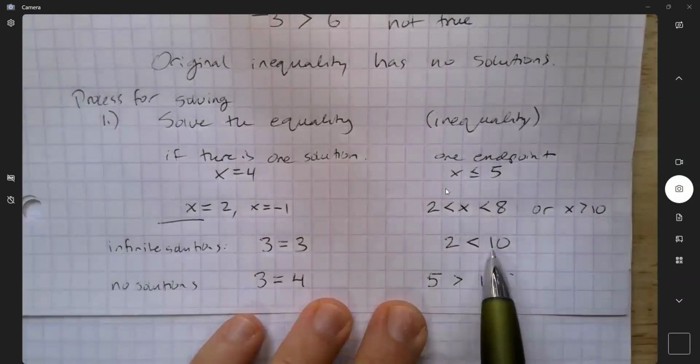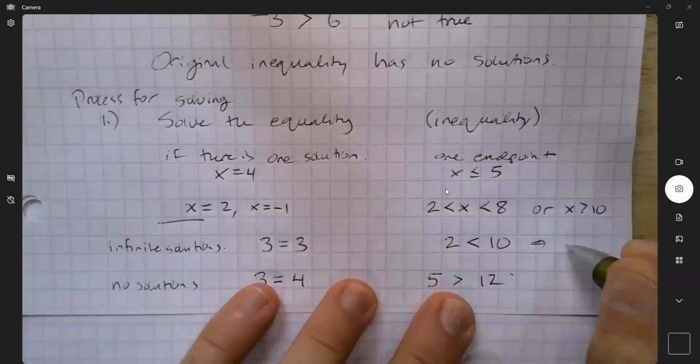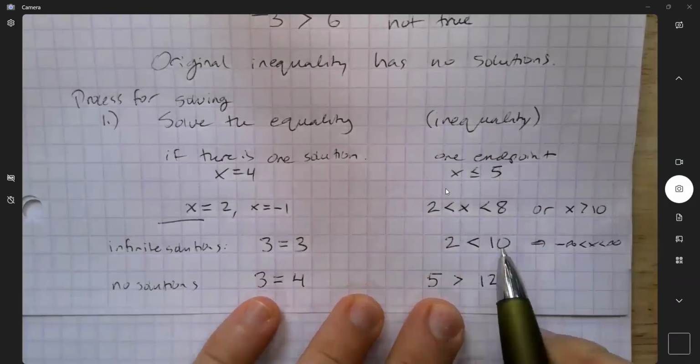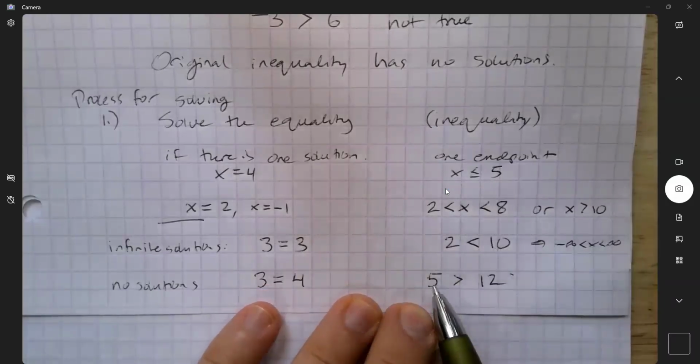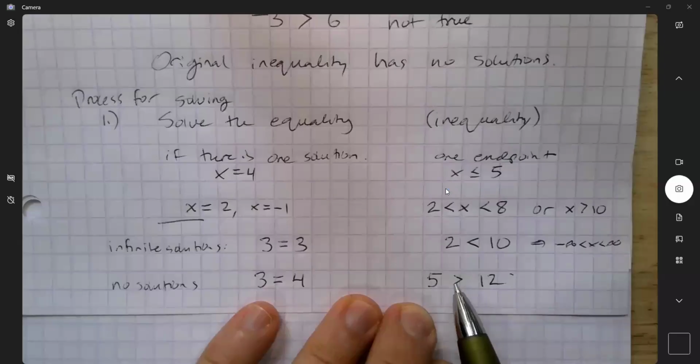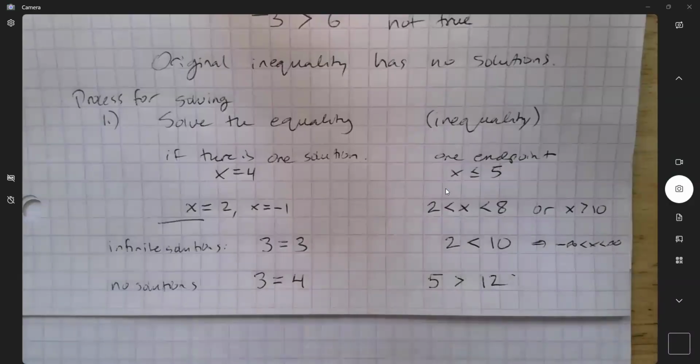Or you could have just all numbers. This means that any number at all would work, because 2 is always less than 10. Or you could have no solutions if it's something that's obviously false. If you try to say 5 is greater than 12, that's obviously false, and so there are no solutions.